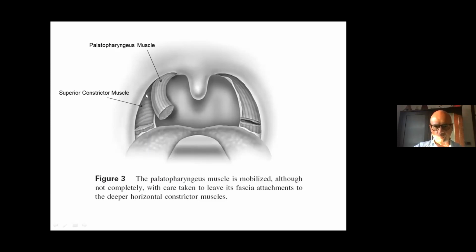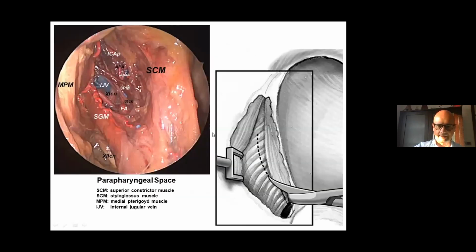But if we touch the superior constrictor muscle during the dissection of this flap, we can enter the parapharyngeal space, and it could be a problem. Inside the parapharyngeal space, we have a very large number of structures: jugular vein, branches of the external carotid artery, other veins, so it could be dangerous.